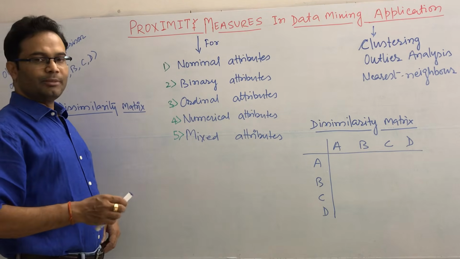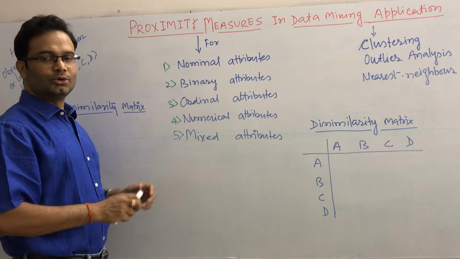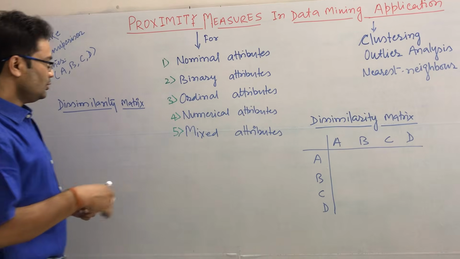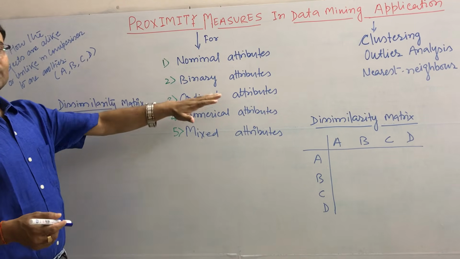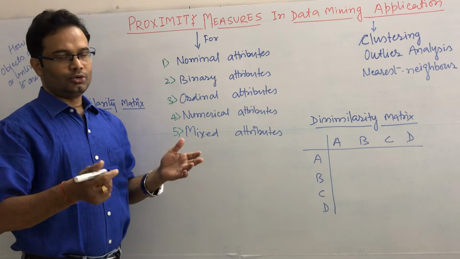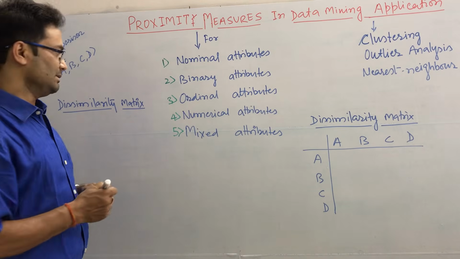I will make 5 videos, one on each category of attributes, for better understanding. One common thing I want to say before jumping into any particular attribute is how we can visualize how objects are similar or dissimilar.